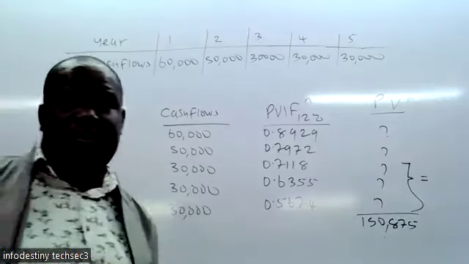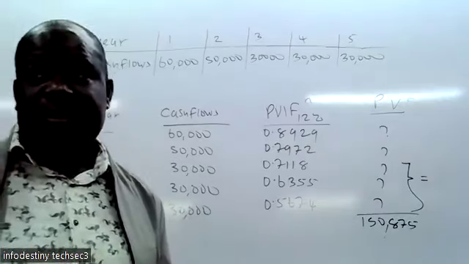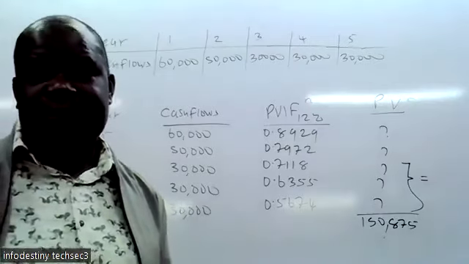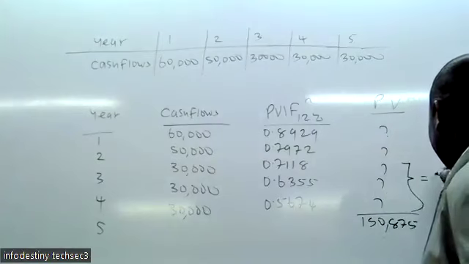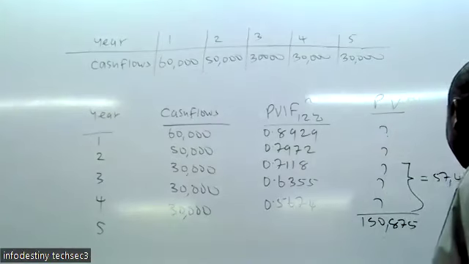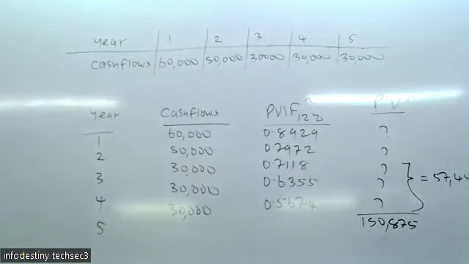So get the total for the last three. The last three should give us 57,441.